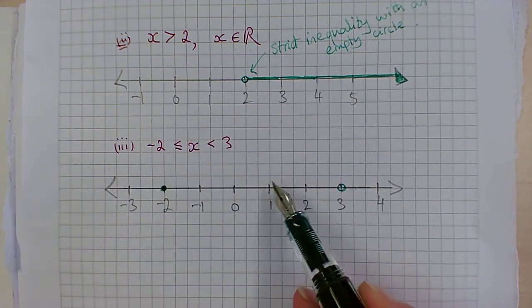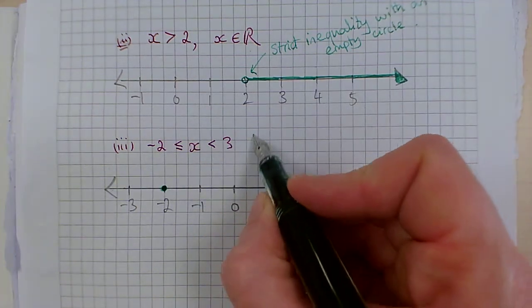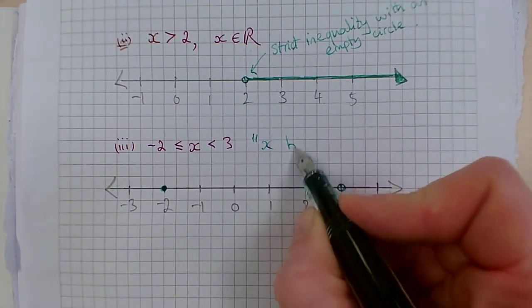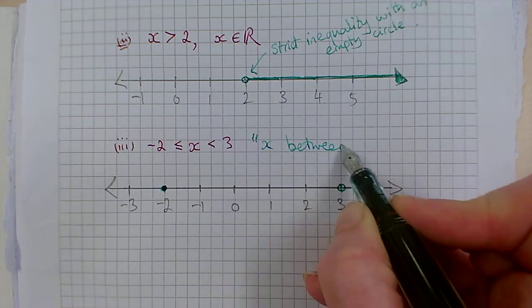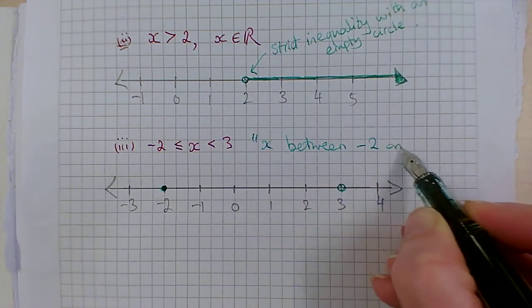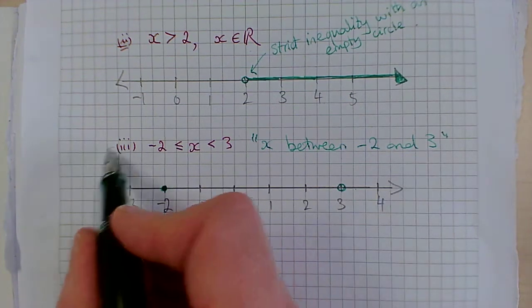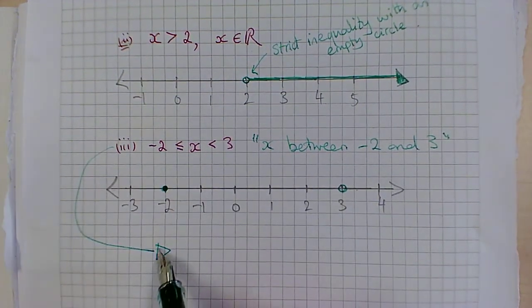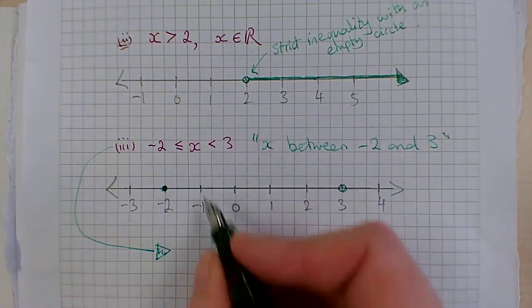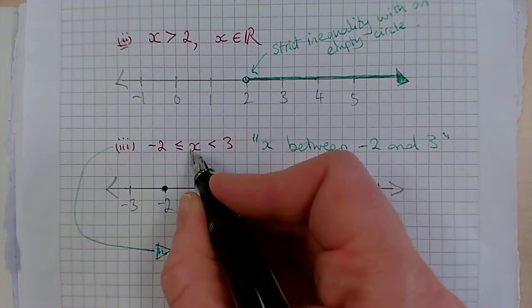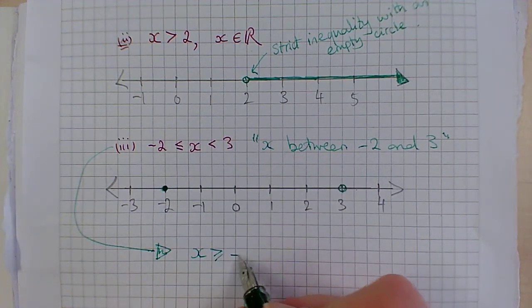I actually have to go in this direction. The easiest way to read this is x is between -2 and 3. Or we can rewrite our inequality in two parts, if you're not sure about which direction to go, and write this as x is bigger than -2.